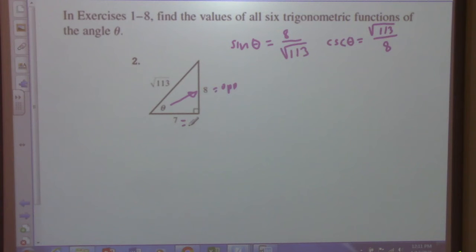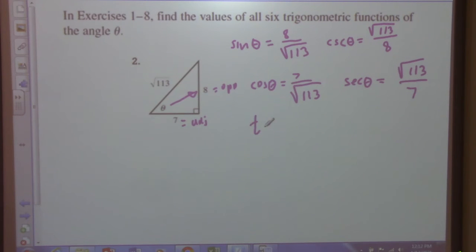And then our cosine is going to be equal to our adjacent, which is 7 over our hypotenuse. And our secant is going to be our reciprocal of that, which is going to be square root of 113 over 7.